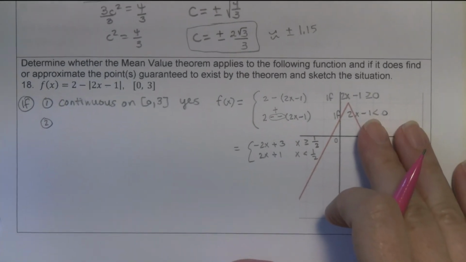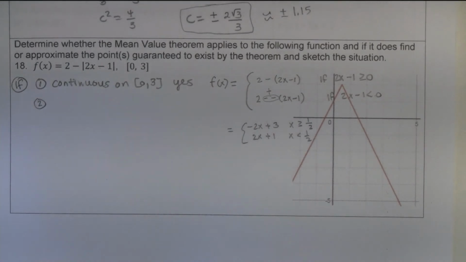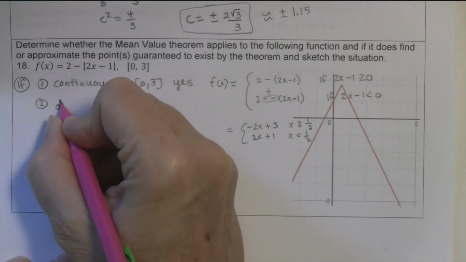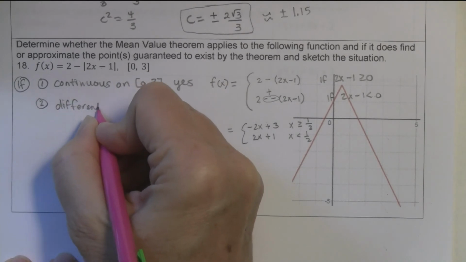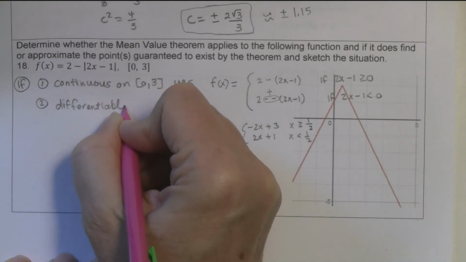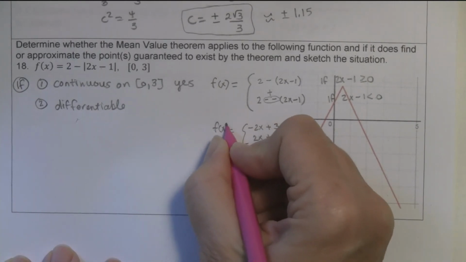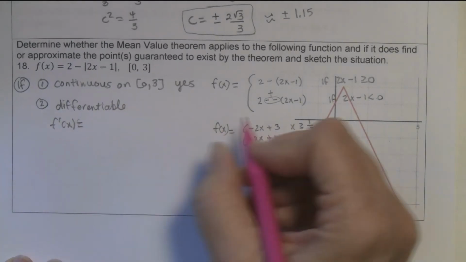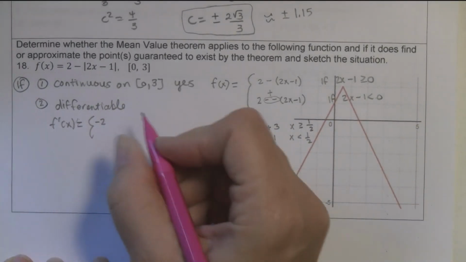So when you go to say whether or not it's differentiable, then the slopes would have to be the same at half, right? But when you start talking about differentiable, and I start looking at, so this was f of x, f prime of x is going to be negative 2, right?